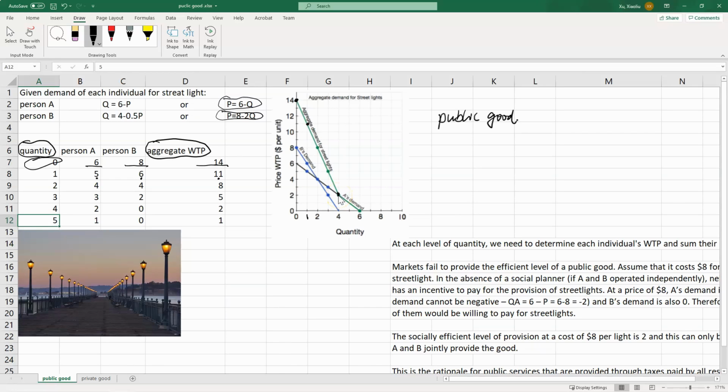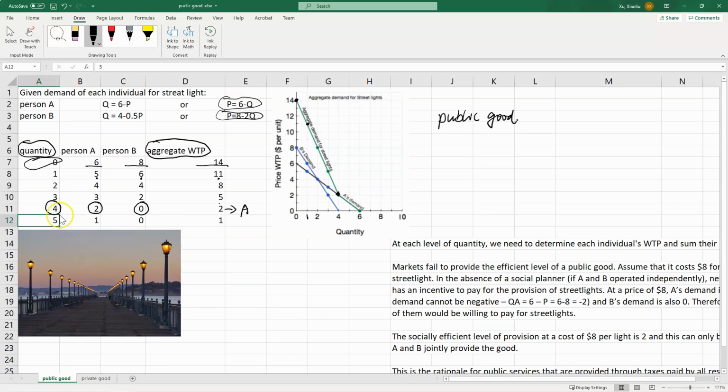So here is the kink. Why do I call this the kink? Because when the quantity is 4, A's willingness to pay for one more unit is 2. B's willingness to pay for one more unit is 0. Then the aggregate willingness to pay would be equal to A's willingness to pay.